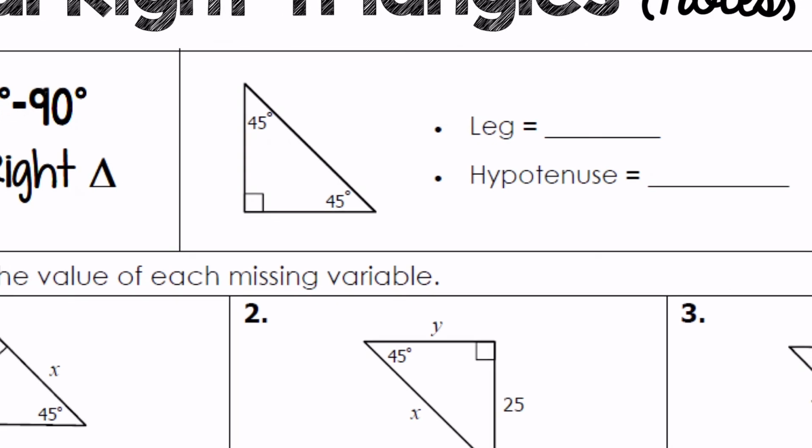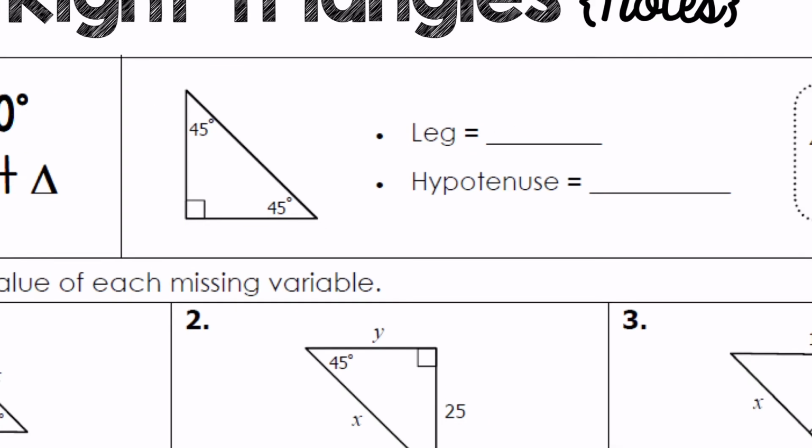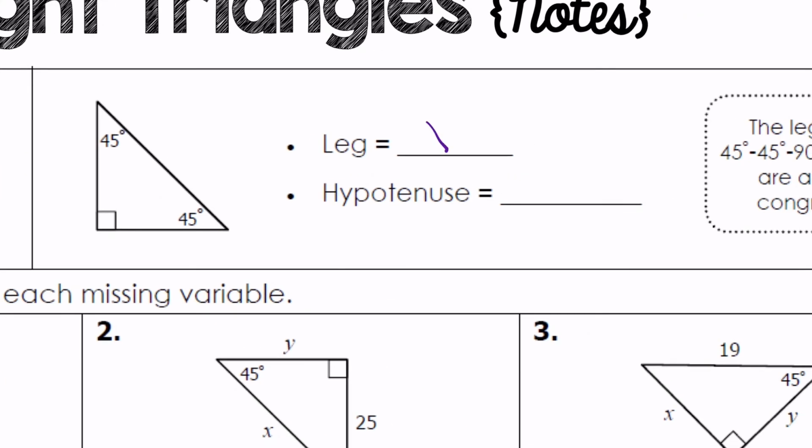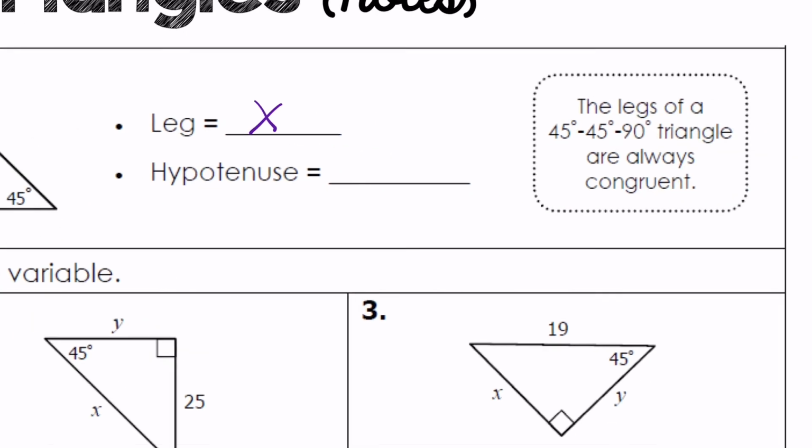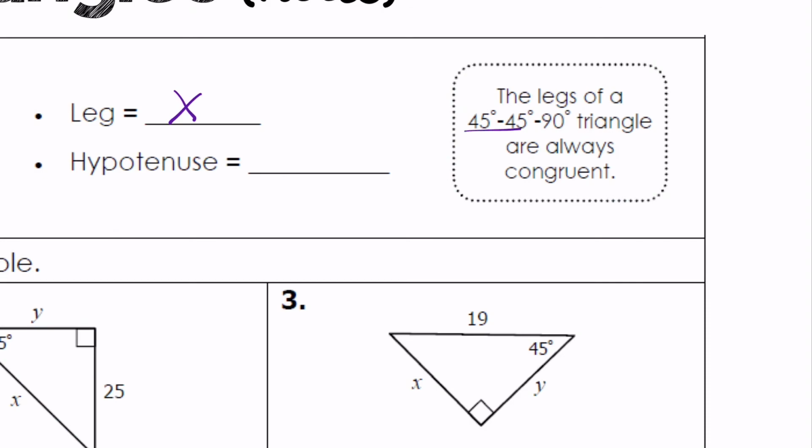That is when it's obviously a right triangle, but the other 2 angles are both 45 degrees. So when I have this kind of triangle, I can set my leg equal to x, either leg in this case, because the legs of a 45-45-90 triangle are always congruent.